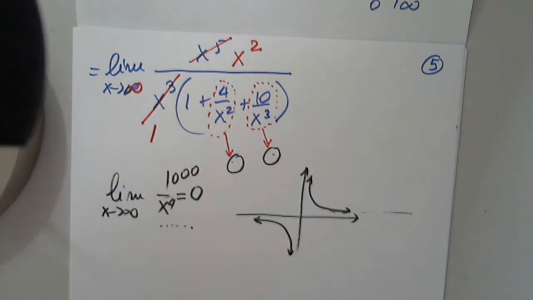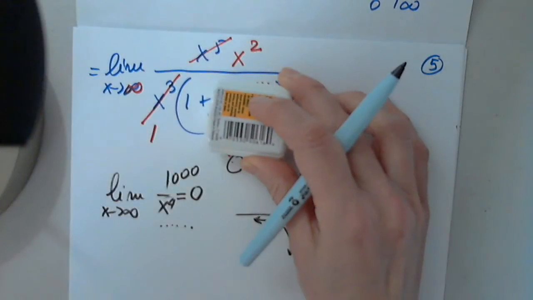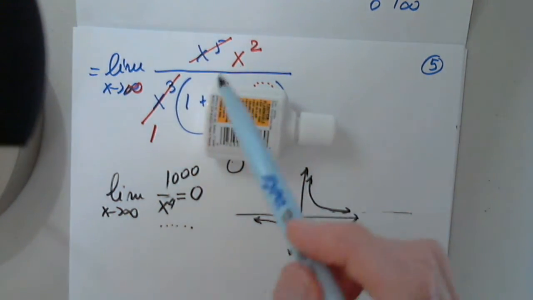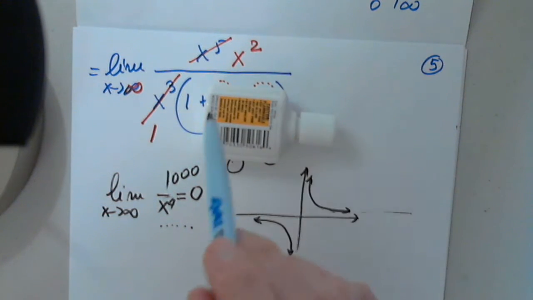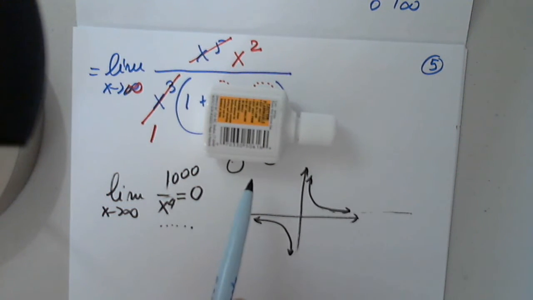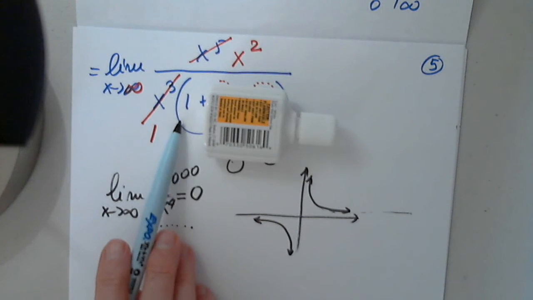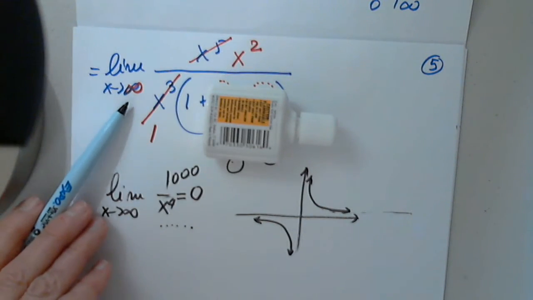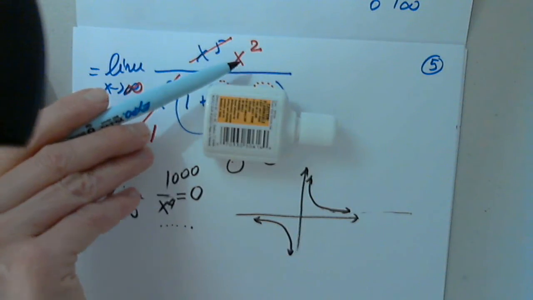So now, again, I'm missing my erasers. I don't know what happened to them. Good. So these are gone. What is left from this limit is this top, and what is left from the denominator? 1. Exactly. So my question now is, as x approaches infinity, where is x squared going?